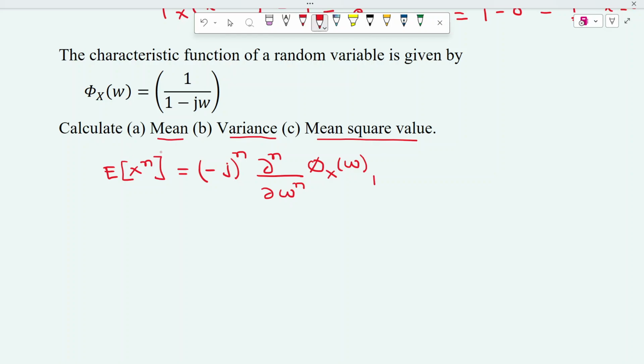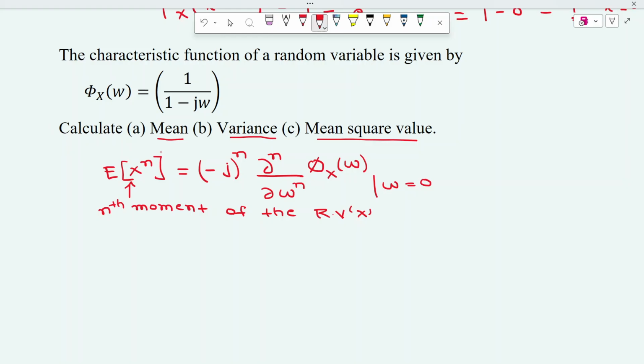After differentiating this, we have to substitute omega is equal to 0. So this is the expectation of x power n. We can find any moment. So this is the expression for the nth moment of the random variable x. From the characteristic function also we can find the moments of the random variable.